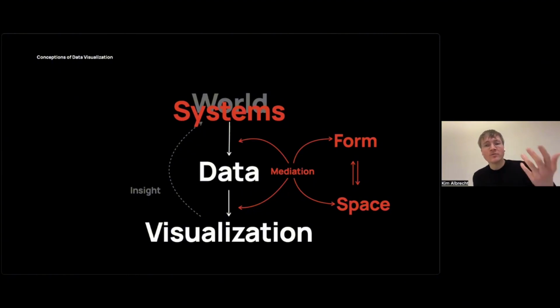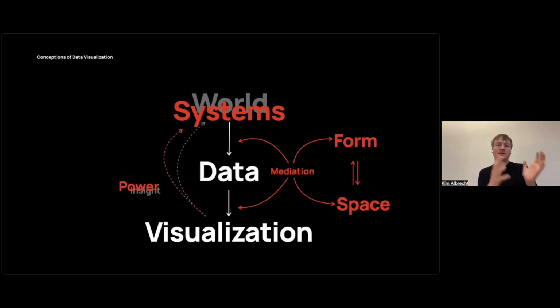I think it's a more humble approach of what visualization can do, but it also leaves open a completely new range of possibilities. And then thirdly, we switch from insights to power. Observing people, observing systems lets us investigate their power constructs, making visible what is drawn inside by whom.